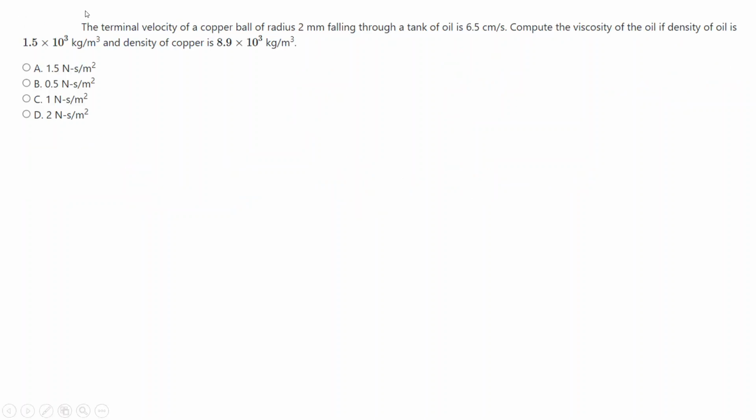Okay, next question is the terminal velocity of a copper ball of radius 2 millimeter. Okay, let me write here. This final answer again is in SI unit, so we'll correspondingly convert them into SI units. So first thing is the copper ball is of radius 2 millimeter we have been given. I'll convert it into meters. 2 millimeter is 2 times 10 to the power minus 3 meters, right? 1 meter is 1000 millimeter.